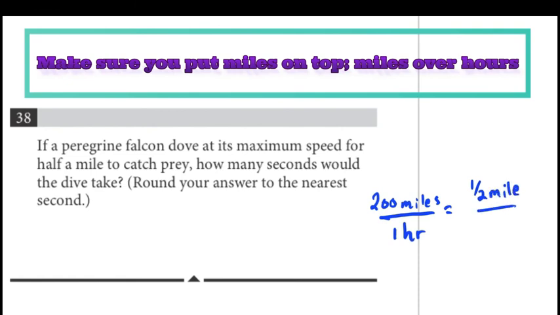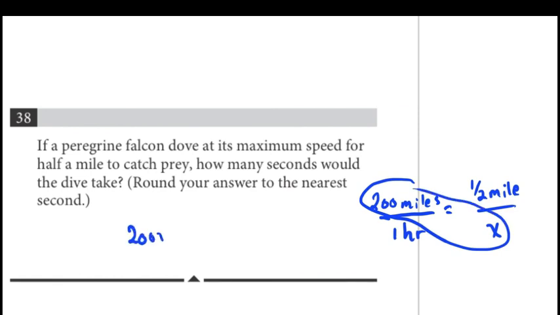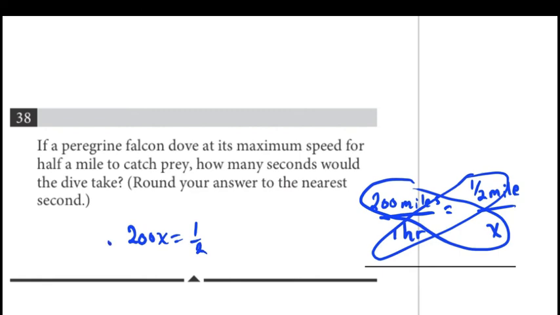So we're going to find out what it is in hours, and we'll just convert that to seconds. So let's cross multiply. 200 times x, 200x, equals a half. Solve for x, multiply by 1 over 200, multiply by 1 over 200, x equals 1 over 400.